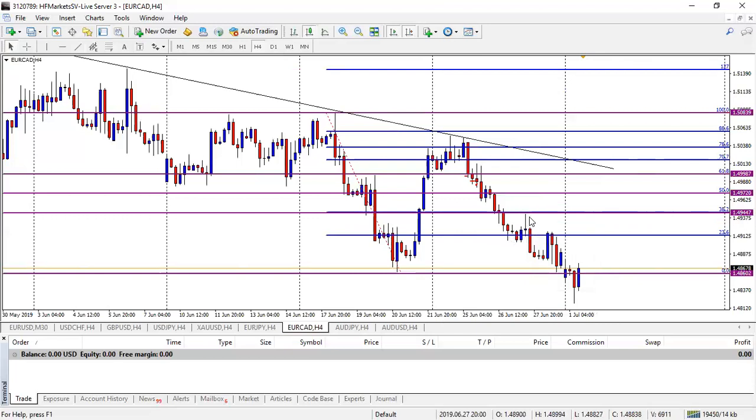An indecision candle, of course, you just have to wait for it to give whatever information it wants to give afterwards. But at least you would have been able to secure good profit. If you had traded this to just this point alone, to your 38.2, you have made about 83 pips on this particular trade.